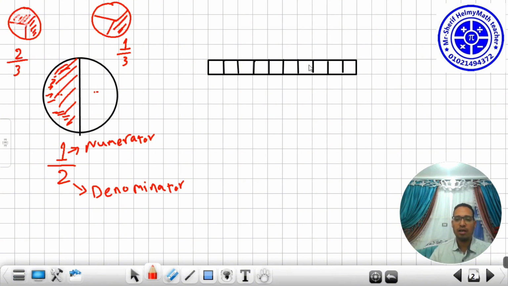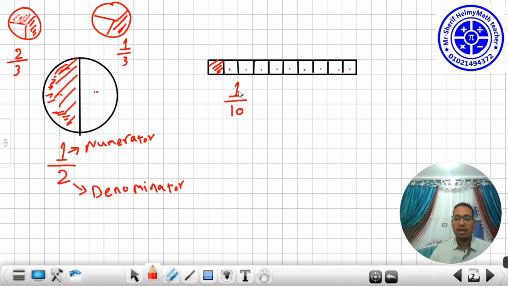What about if I have this rectangle and I cut it into 10 equal parts? Look, 1, 2, 3, 4, 5, 6, 7, 8, 9, 10, and I colored one part, so it will be 1/10. 1/10 is called a fraction. The numerator is 1, the denominator is 10.